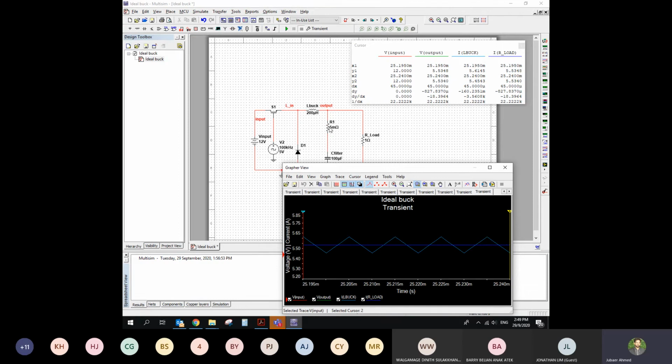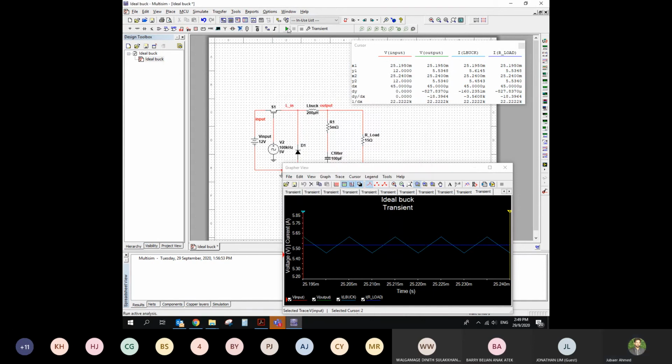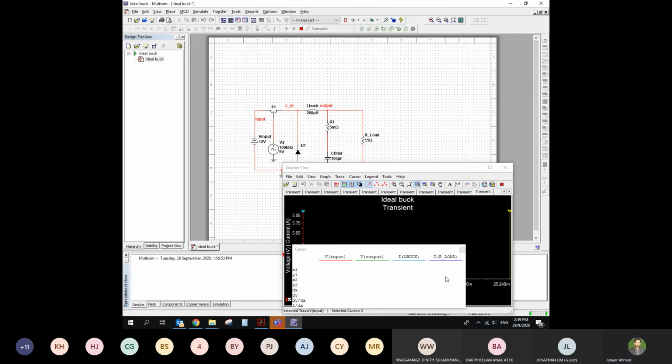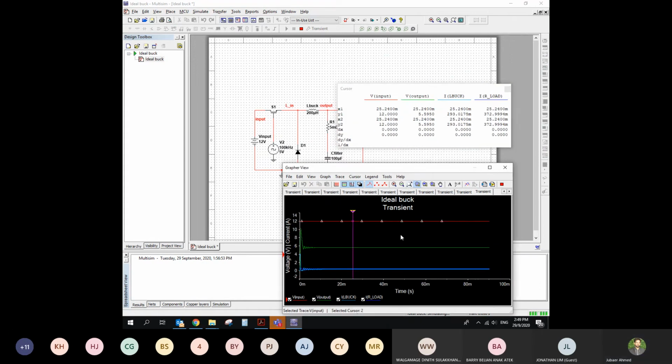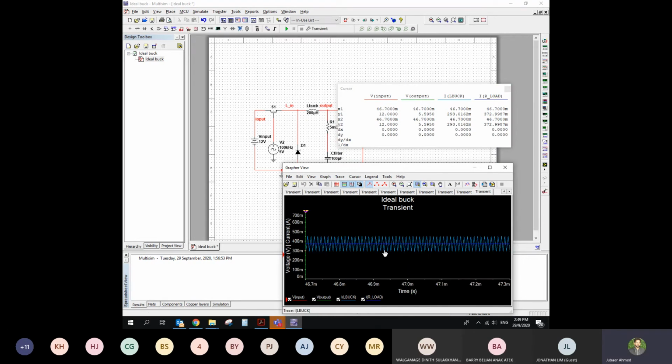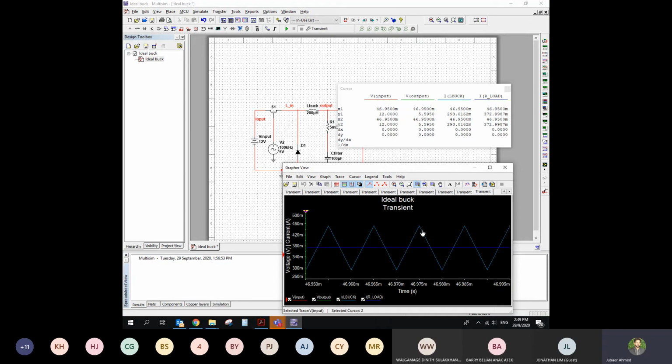To understand it, let's try different values. So maybe 15. If the resistor is 15, the current has already fallen to 0 point something. Let's zoom in. It's in the milli range, 300 milli to 460 milli.